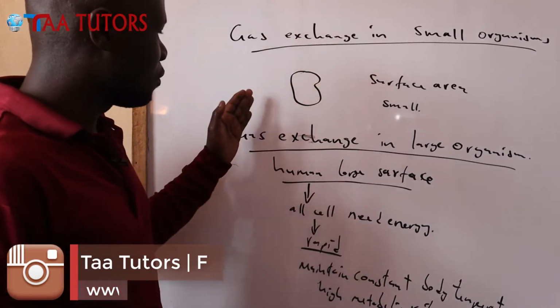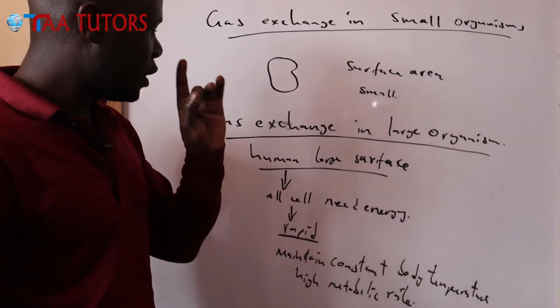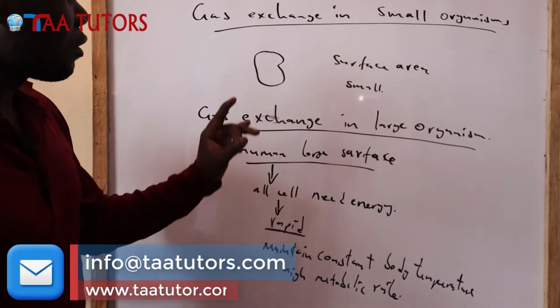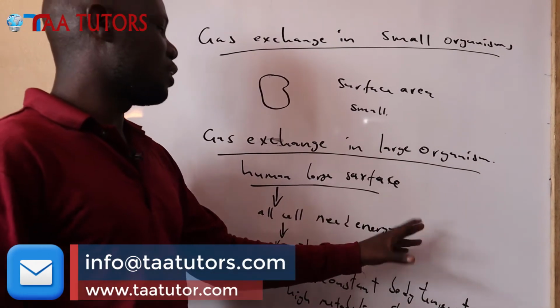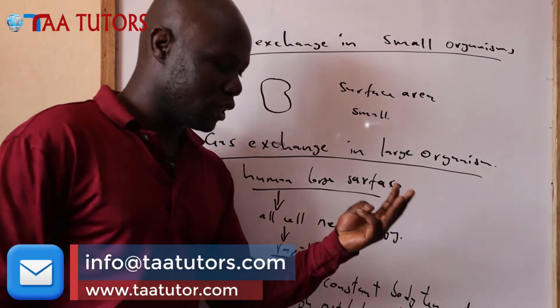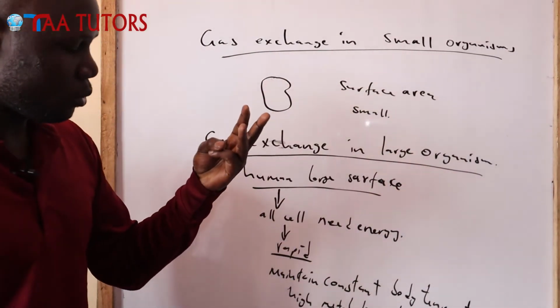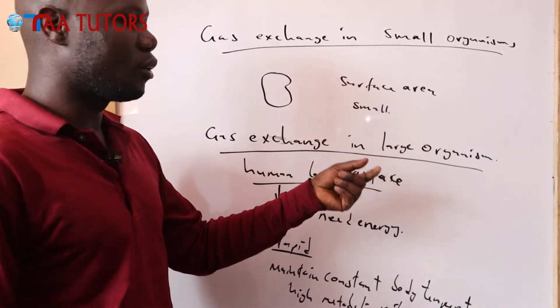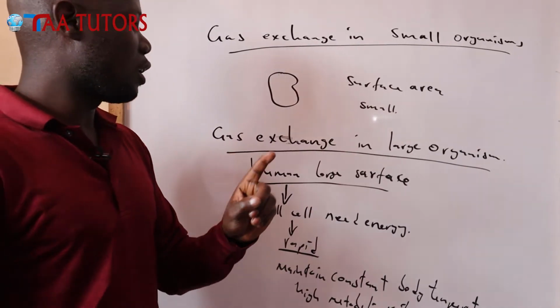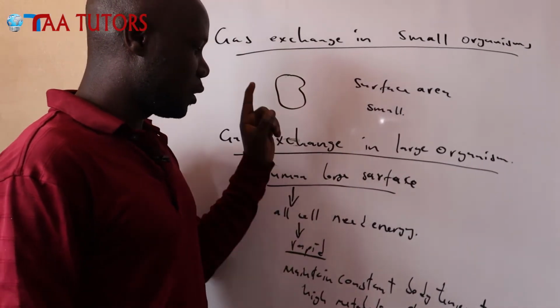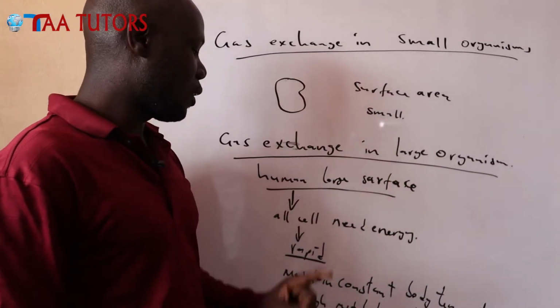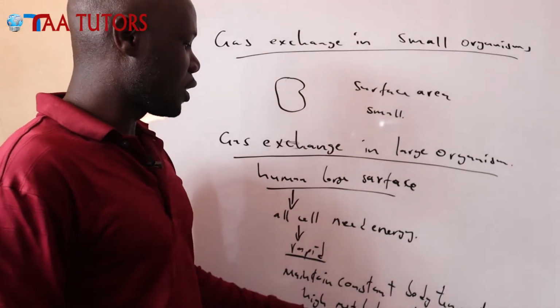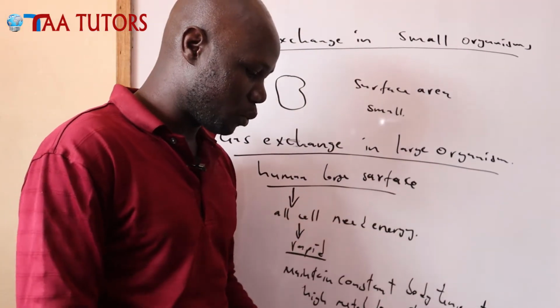So it is very important for us to note that in large organisms, we depend on a well-organized system. The reason is we are having a small surface area exposed to the surrounding. Therefore, diffusion alone may not be enough to supply enough materials that all our cells need. So we need a system to facilitate that so that it can be quick enough.